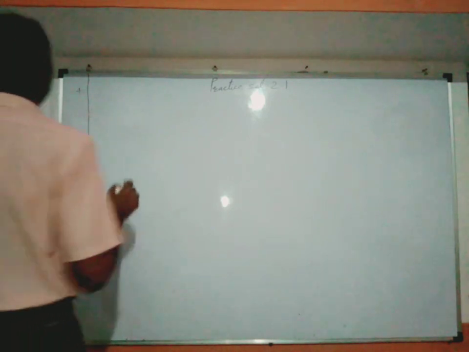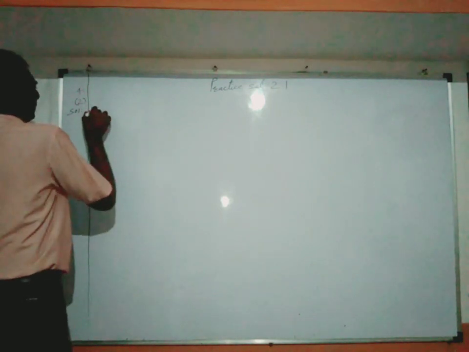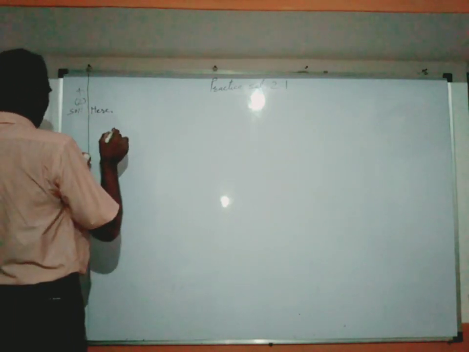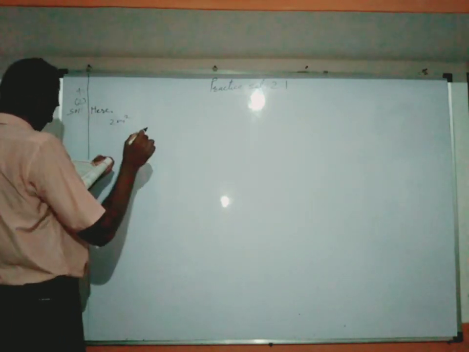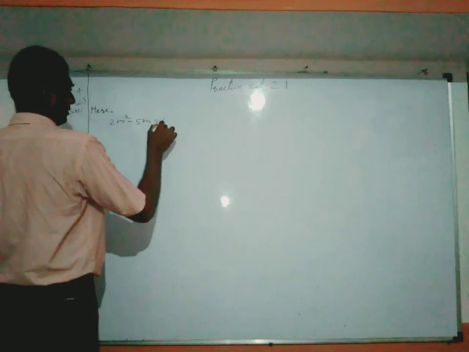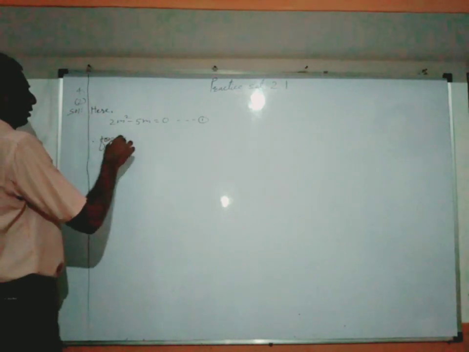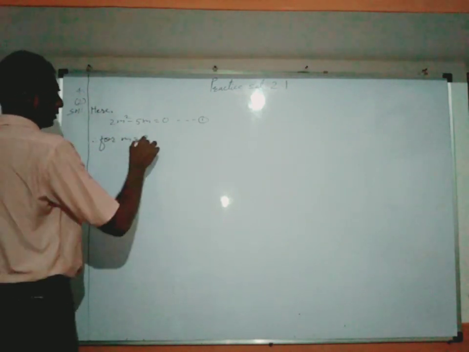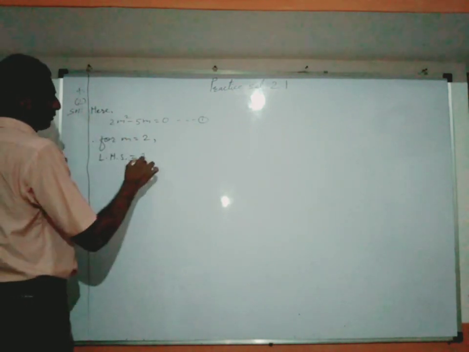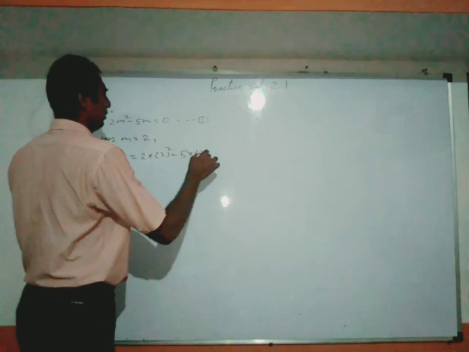Sub-question second. Solution. Here the given equation is 2m square minus 5m equals 0. Let's call it equation 1. And therefore, for m equals 2, LHS equals 2m square, means 2 into 2 square, minus 5m, means minus 5 into 2.